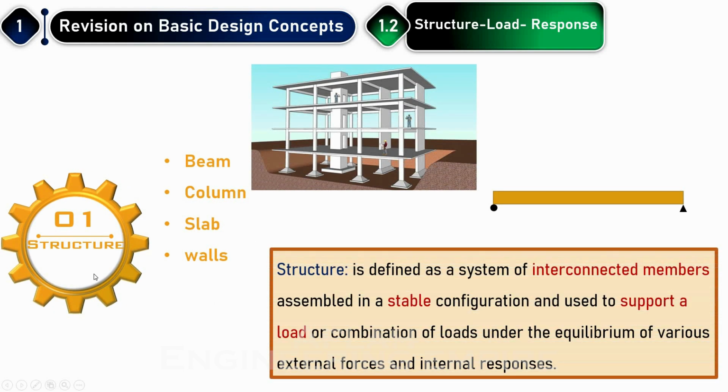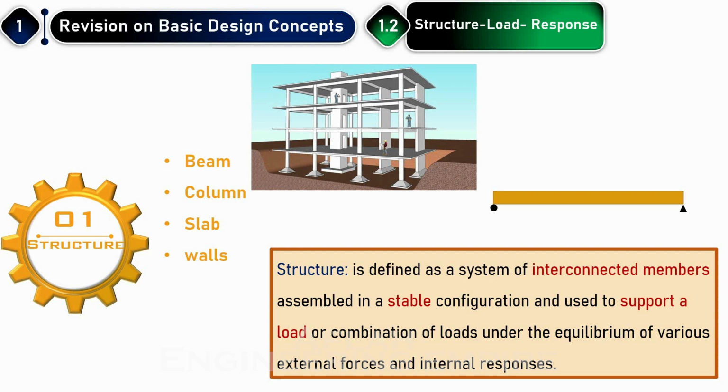What is a structure exactly? A structure is simply interconnected members. If I summarize the definition, we can say it's a member that supports load, can transfer load to the other members, and is in equilibrium and stable.